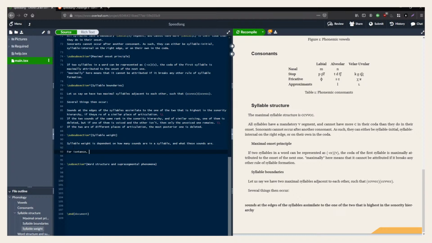For instance, sa is heavier, is lighter. I'm going to go the other way. It's lighter than the syllable, I don't know, pan. Fewer sounds.